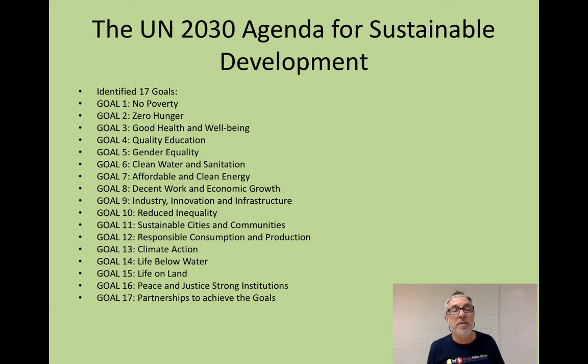I think this is the first time we see things that aren't related to people here. Goal 16, peace and justice, strong institutions. That's loaded, must have a lot of content behind it. And partnership to achieve goals, which means everybody on earth is responsible for engaging actively with each other to achieve these goals. So the UN really expands the human part of this, reduces the natural systems part to a teeny bit, and includes some other things in it that would require a lot of time to understand, I think.